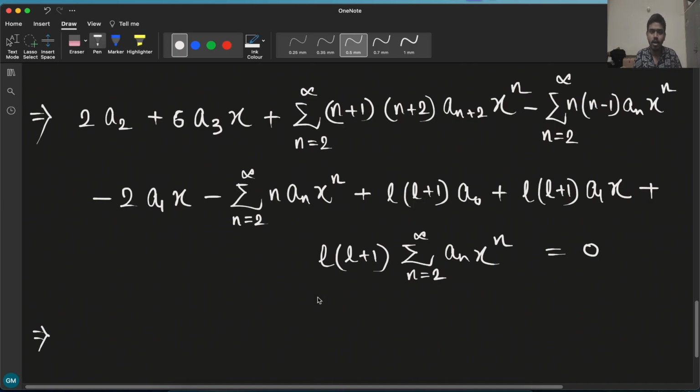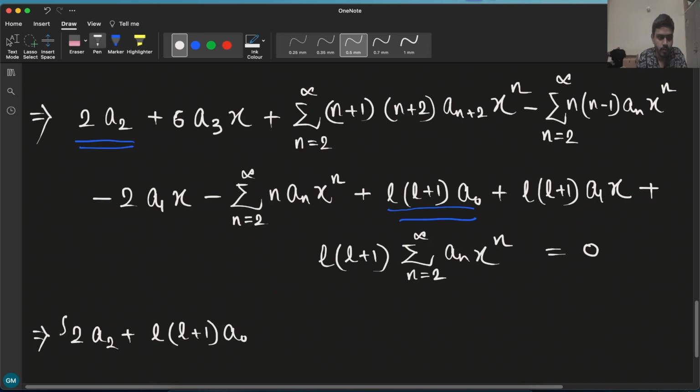Now I will write the constant terms separately. So these are the two constant terms. If I write them separately, then it is 2a2 plus L into L plus 1 a0, plus the term where x has a power of 1, which is linear in x.